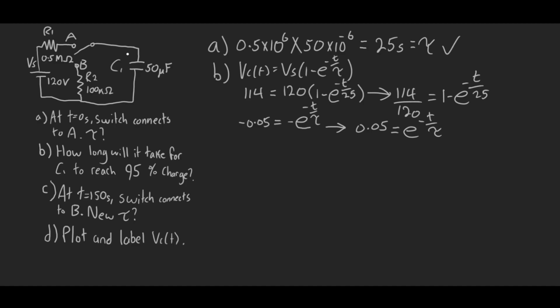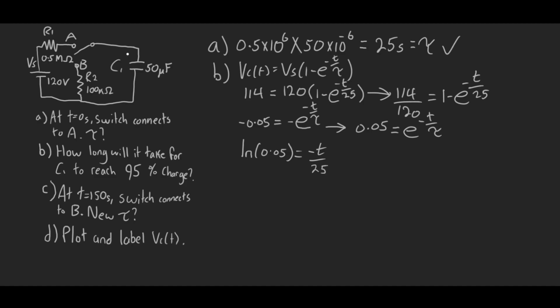And now what we do is take the natural log of both sides to get the power of the exponential term, because we want to get t, and it's in the power area of the exponential. So ln of 0.05 is equal to minus t over 25.